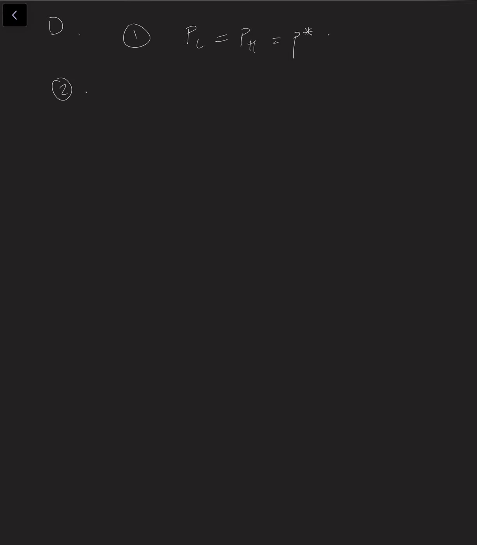Now we have to derive the corresponding belief system, that is to say, the beliefs of the customers. So beta 1 is equal to the probability that the flat is low quality given P star.